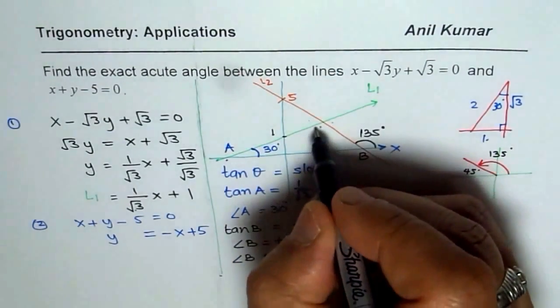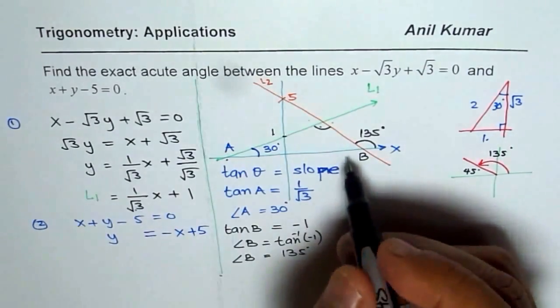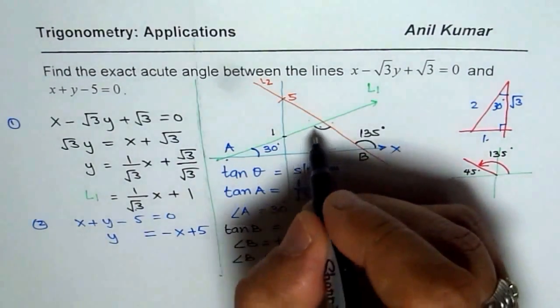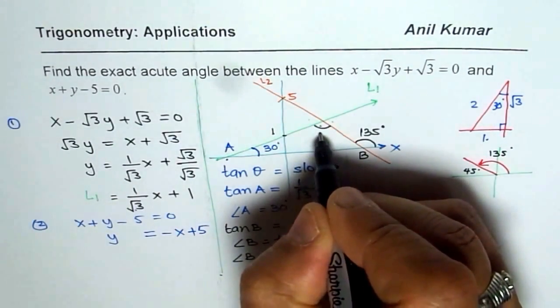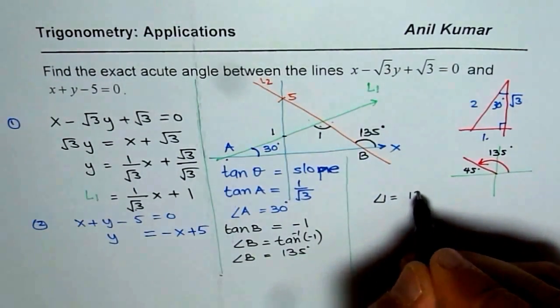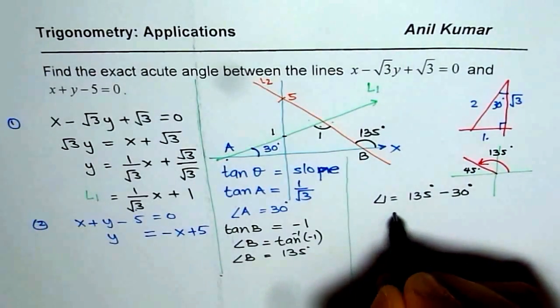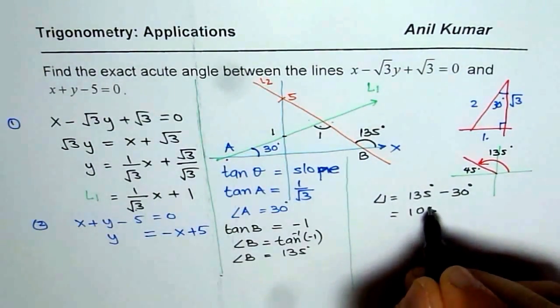Let me call this angle 1. For us, angle 1 will be 135 degrees minus 30 degrees, and that gives us 105 degrees.